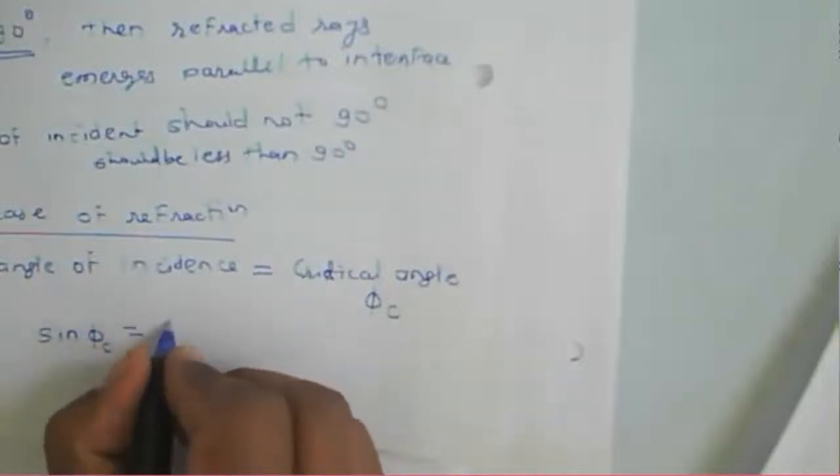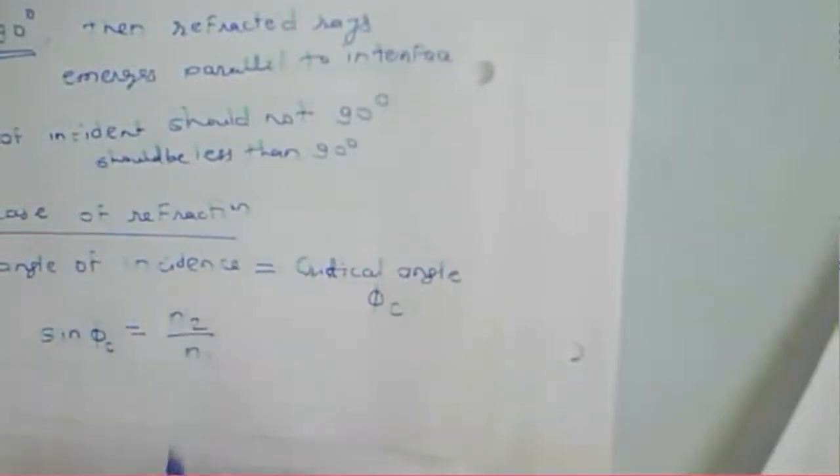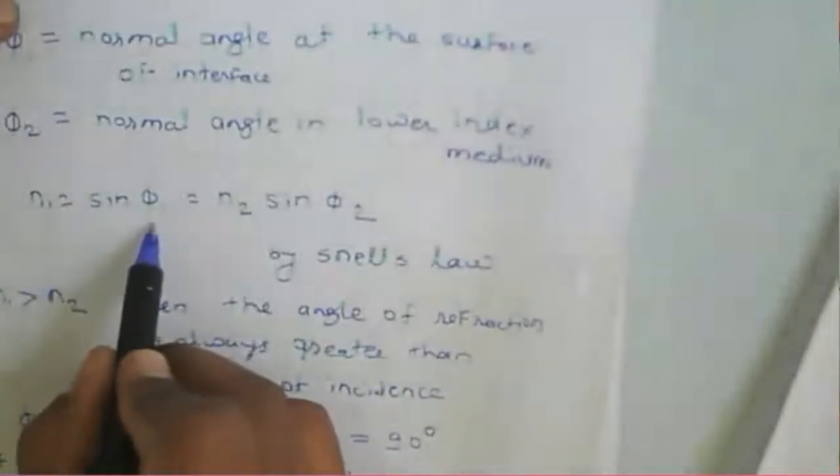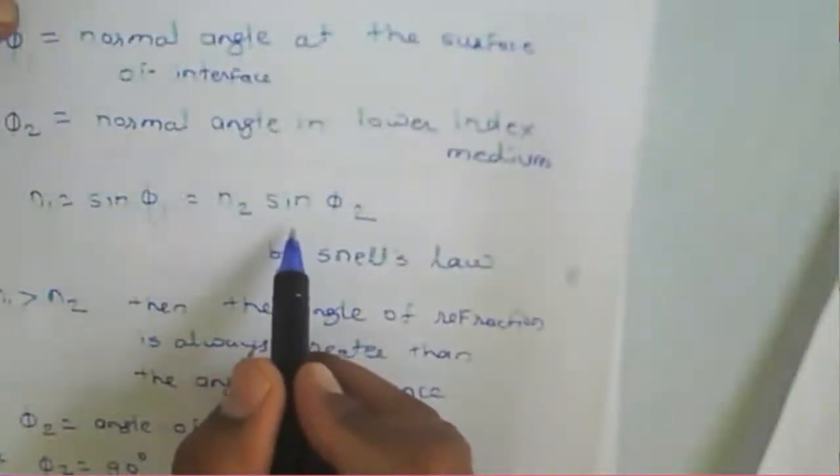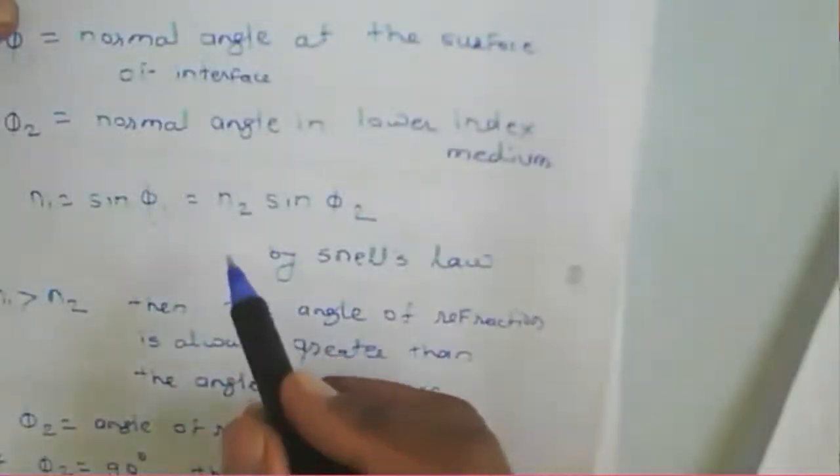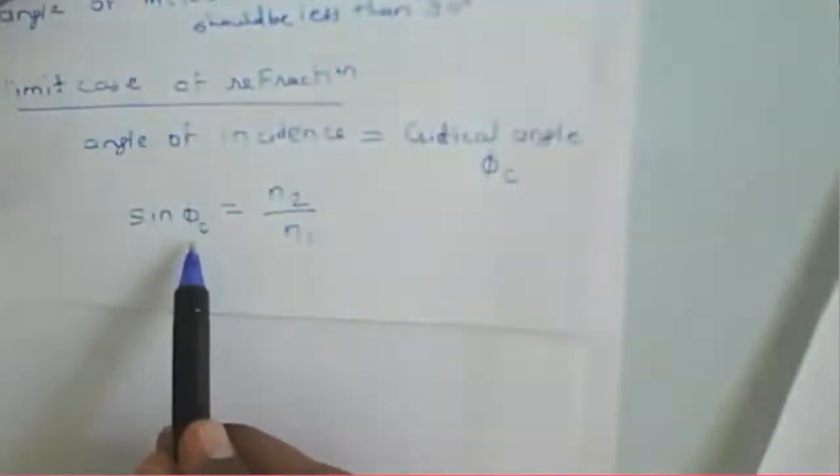That critical angle is called phi c. Using Snell's law, sine of phi c is equal to n2 by n1. How does it come? Earlier we said n1 sine phi 1 is equal to n2 sine phi 2.